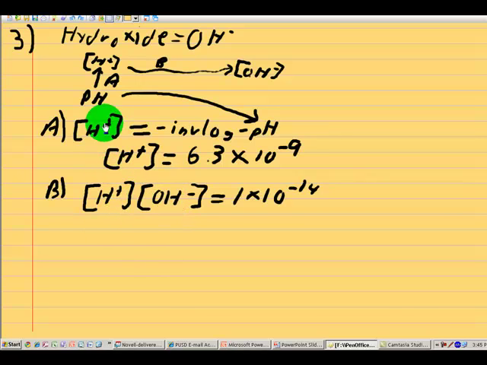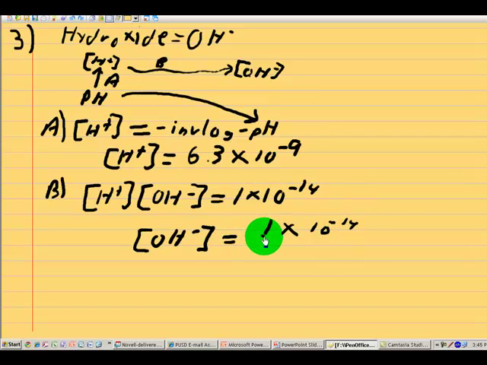So now what we do is we're going to fill in so that the OH minus is equal to 1 times 10 to the minus 14. And down here we're going to plug in this value, and it's going to be 6.3 times 10 to the minus 9th.